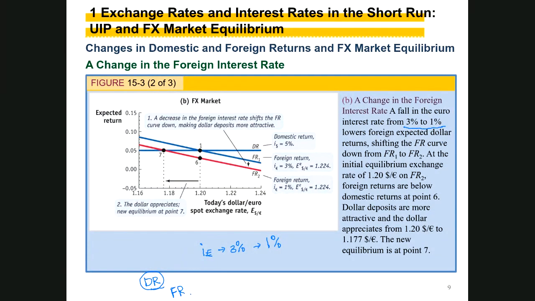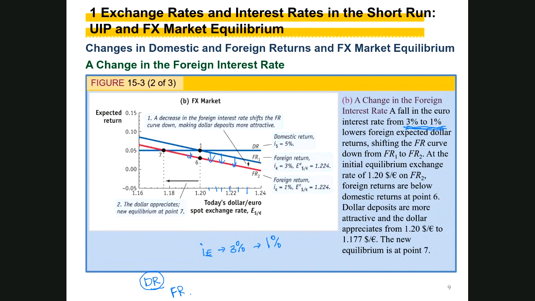Now it's decreased, so it shifts down, exactly because under the same exchange rate, the expected return on the foreign asset decreases by the same amount, right? That's the reason why you shift down your foreign return curve. So if you shift down your foreign return curve, you will have a new equilibrium. The idea is the same.